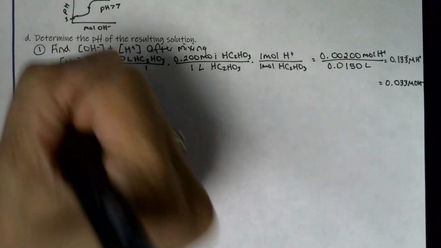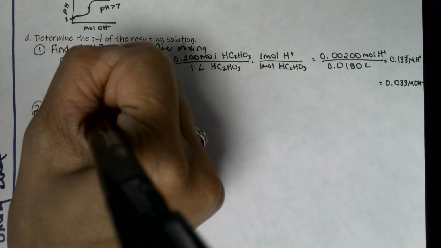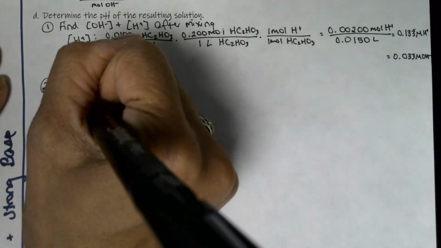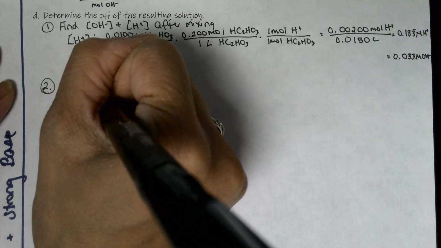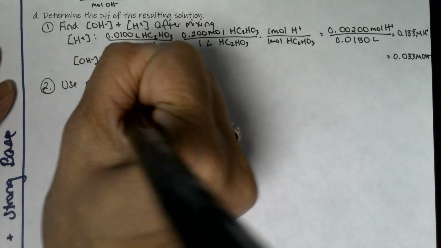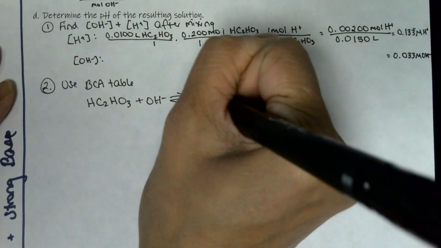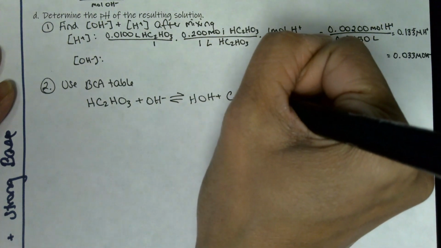All right, step 2, use the BCA table. We're going to use our net ionic equation: HC2HO3 plus OH minus is in equilibrium with water and our weak conjugate base.